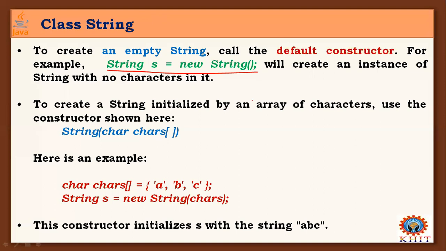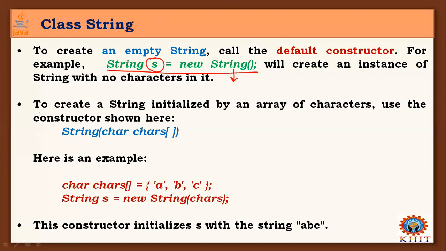Here the string object name is s. s equals new String. This is the default constructor. Got it? When we create an object of String like this, that instance of the string contains no characters.